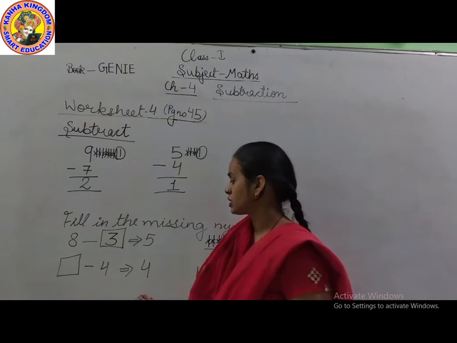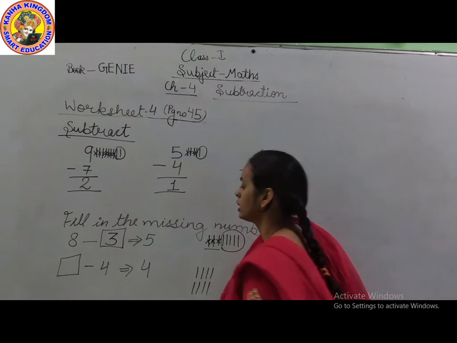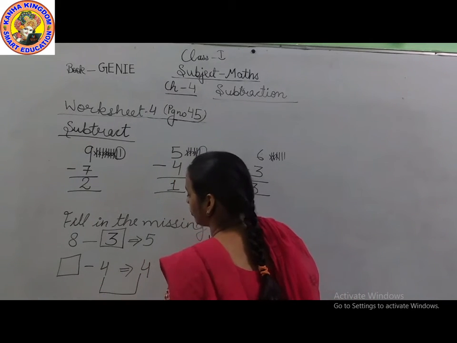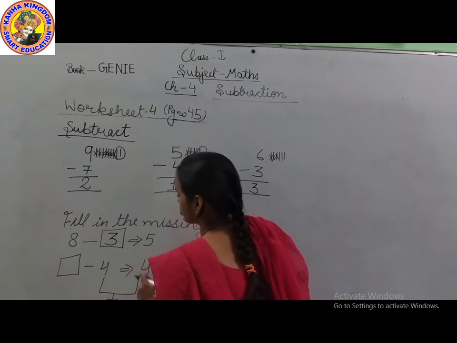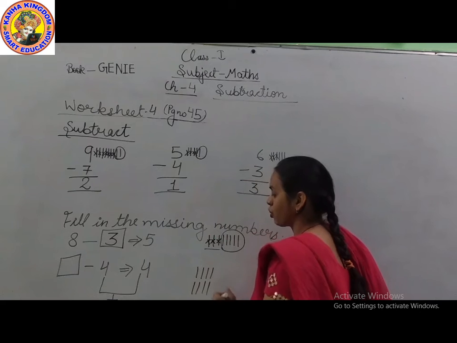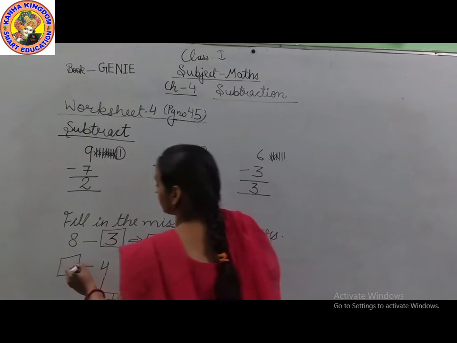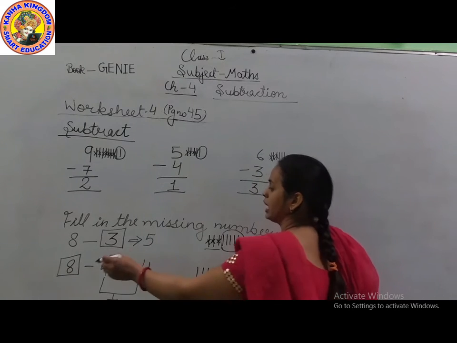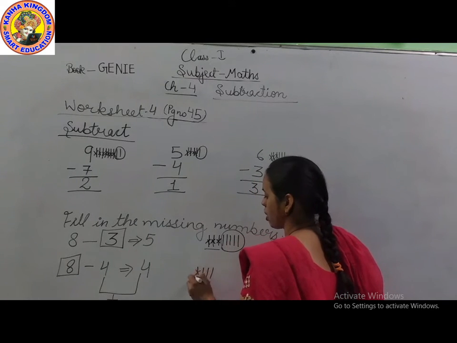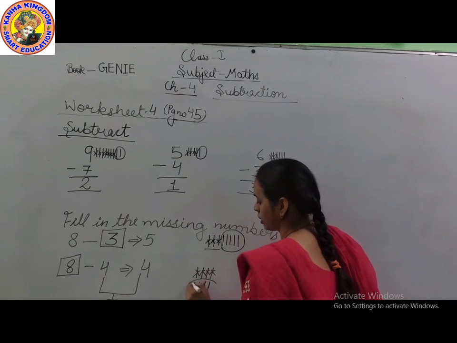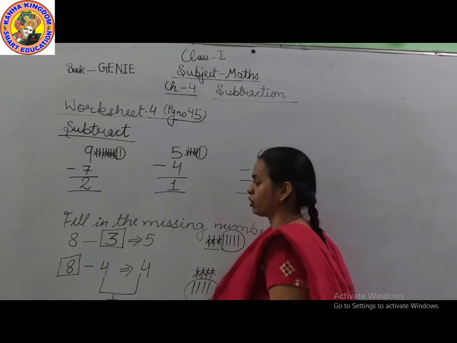So 4 plus 4 equals this number and this. We add these two numbers to get the answer. Means 4 plus 4, 8. Because 8 minus 4, 1, 2, 3, 4. 8 minus 4 equals 4.